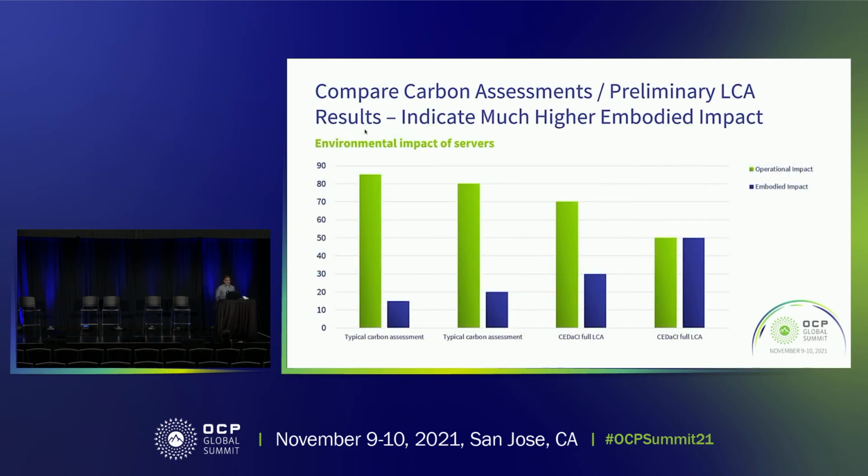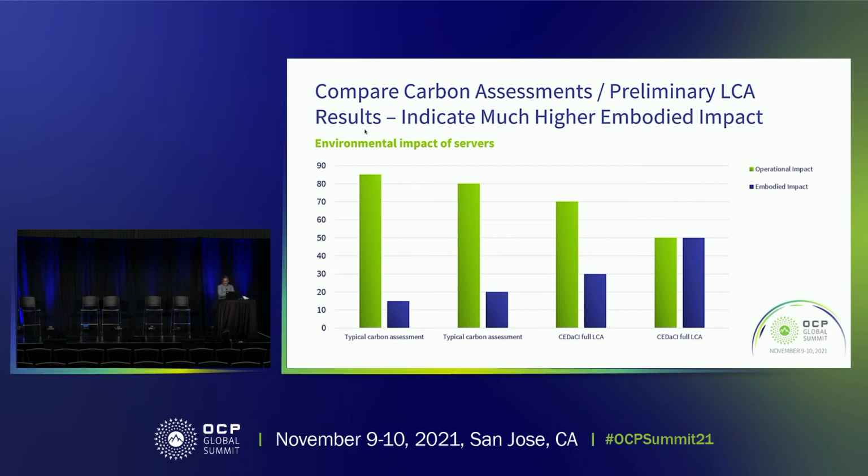The final sort of USP of the work that we're doing is, well, not only are we using primary source data, but our models are not just assessing carbon and carbon equivalents. We are measuring the inputs and outputs of thousands of different materials, etc., and creating really comprehensive life cycle assessment models.